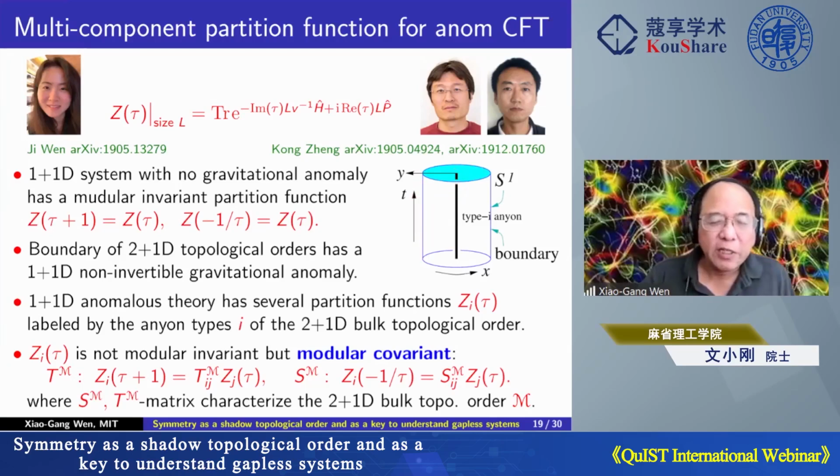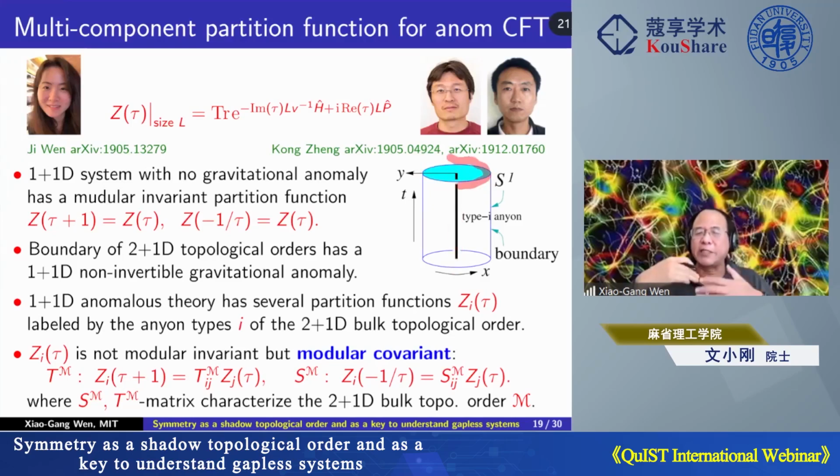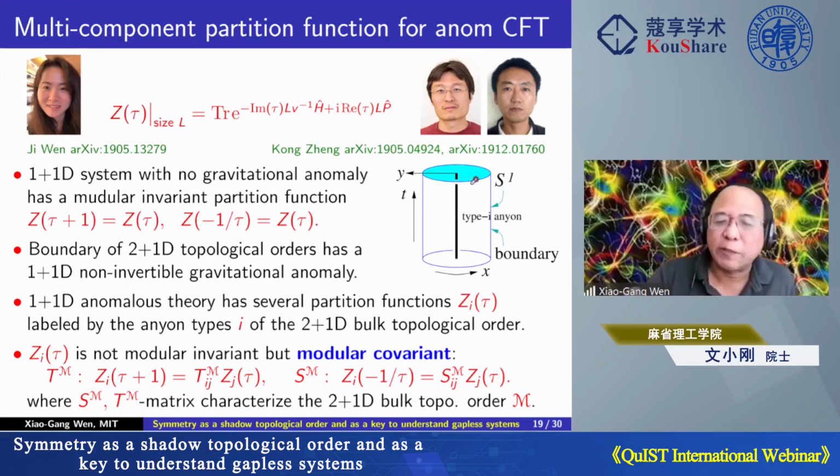So different components of a boundary partition function come from different insertions of a bulk anyon, or come from different boundary sectors. The boundary has different sectors corresponding to bulk anyon insertions, and this gives rise to the different components of the boundary partition function.